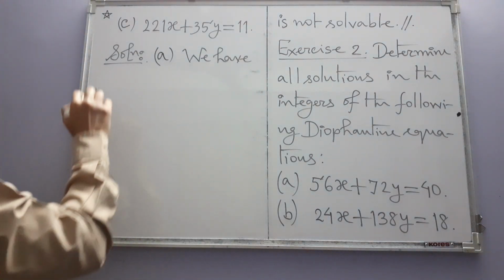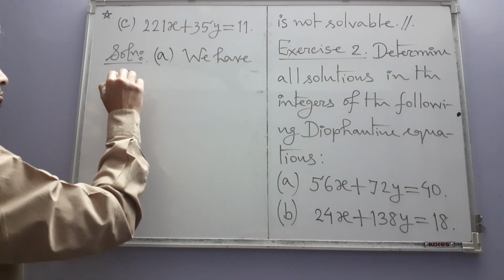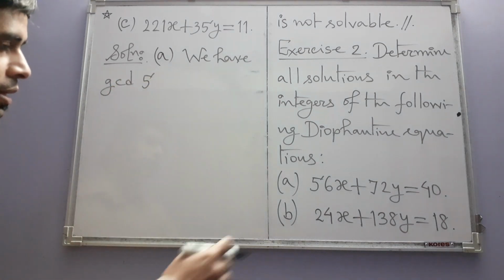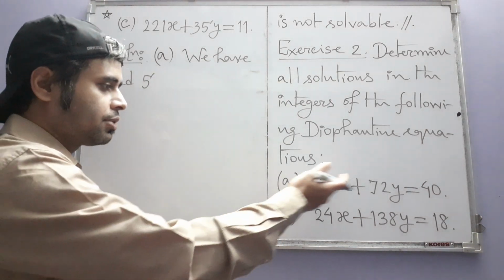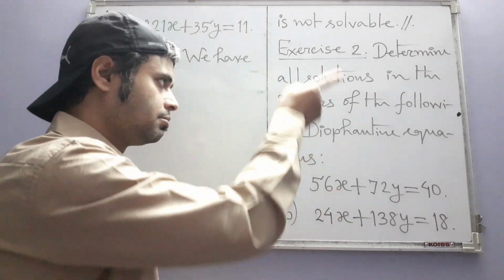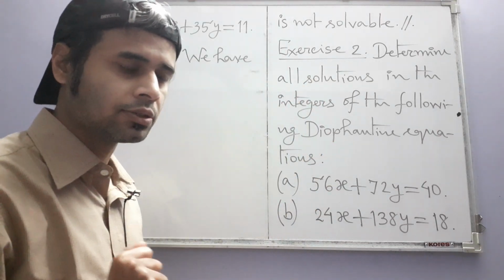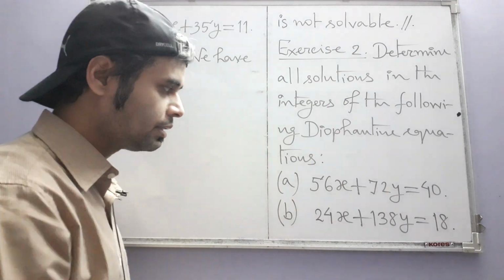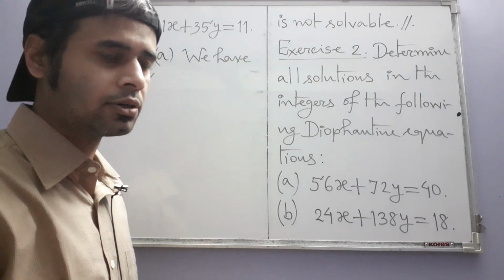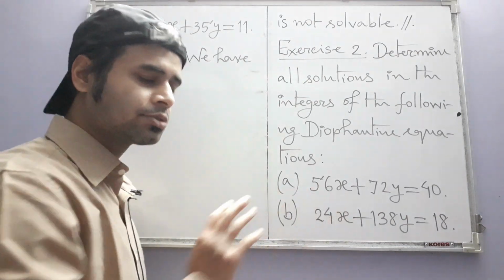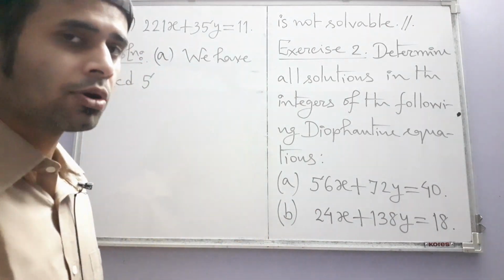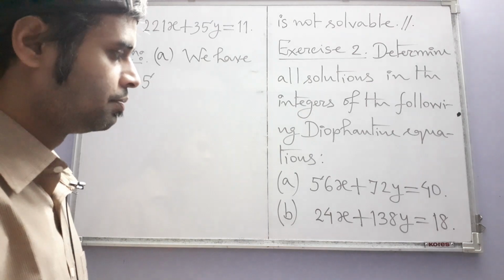We have GCD of 56 and 72. If you want you can find the GCD by using the previous method, that is factorizing these integers. These are not so large that they cannot be factorized quickly. They are very small, in fact we can do it by hand.